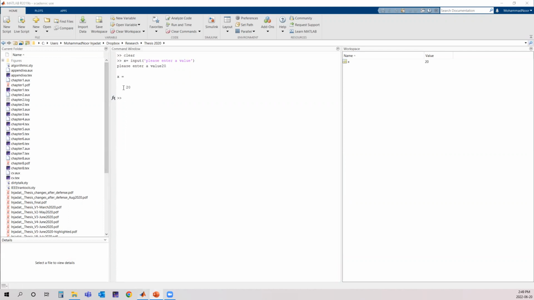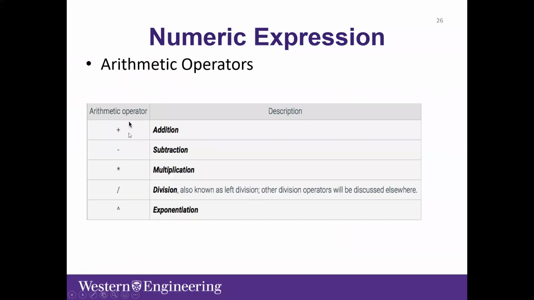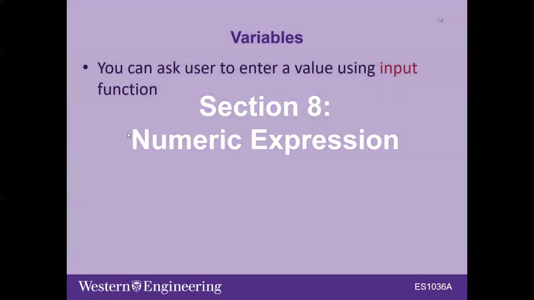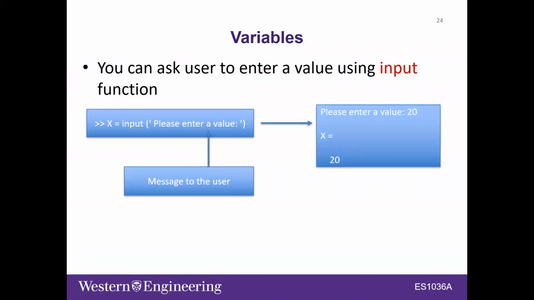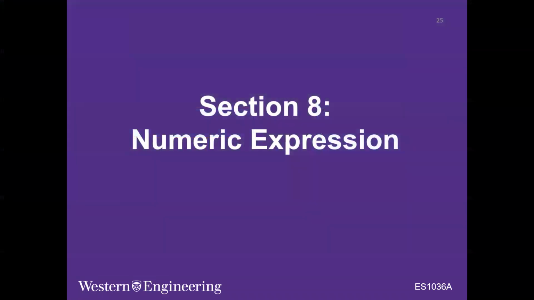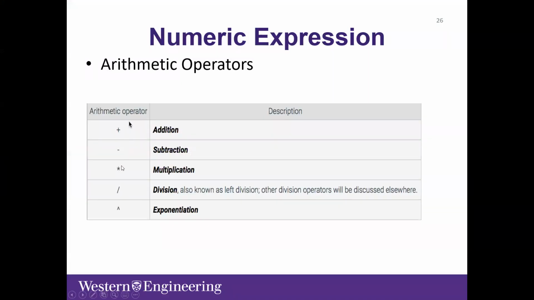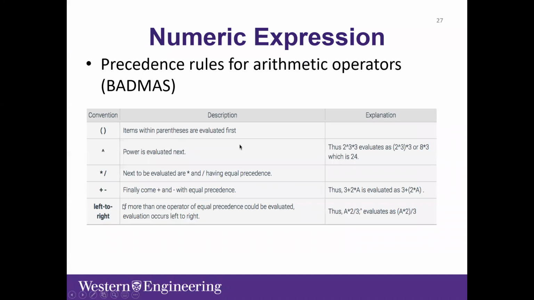In numeric expressions, it's the same as we have in Java, but here it is different. Here are the numeric expressions: addition, subtraction, multiplication, division, and exponentiation, which is the power. The precedence starts with parentheses, then power.